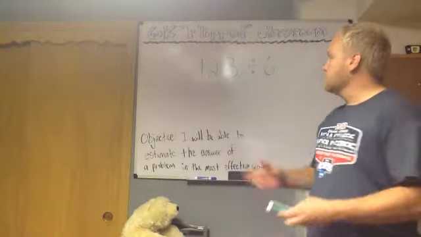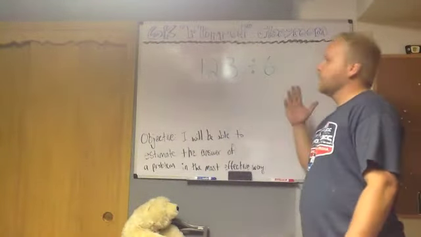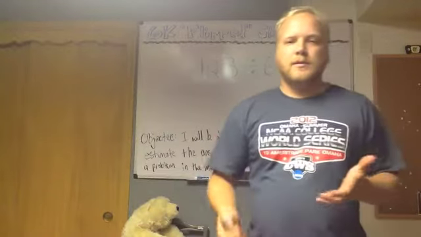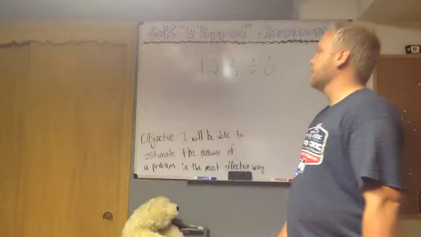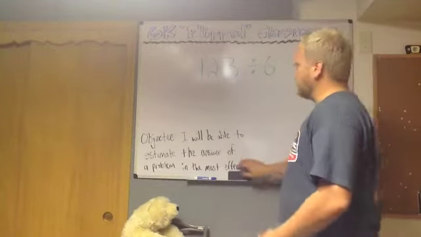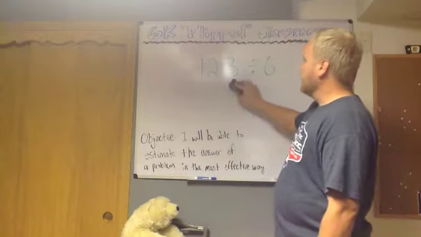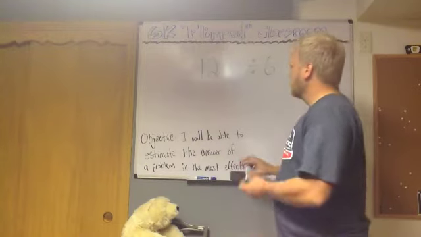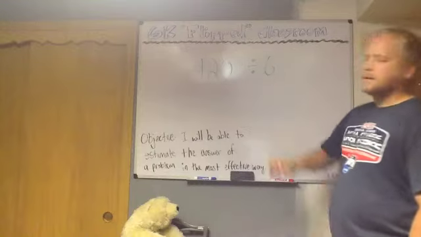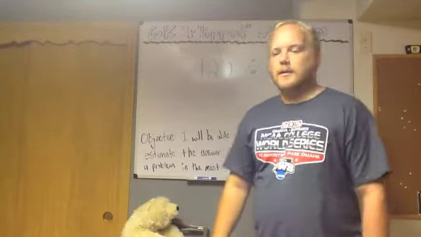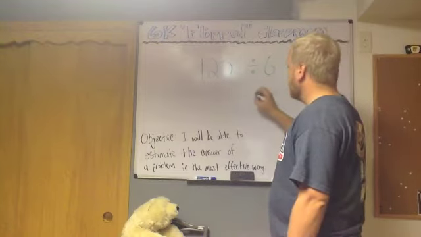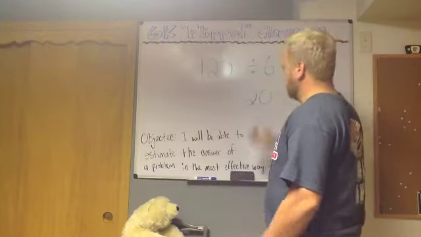What we want to do is we're going to try and make this one as easy as possible. So we're going to look and see if there's any numbers that look like they can work well together. And what I see there is if we change that 123 to 120, and then we divide it by 6, 12 divided by 6 goes evenly. It's a nice even number. So that's what I'm going to do there. I'm going to do 120 divided by 6. I'm going to estimate, and my estimation will give me a 20.